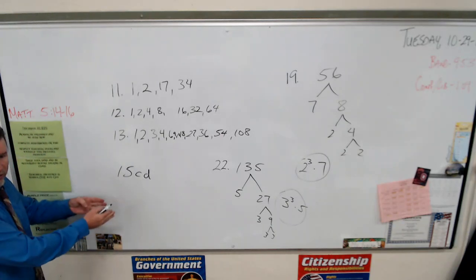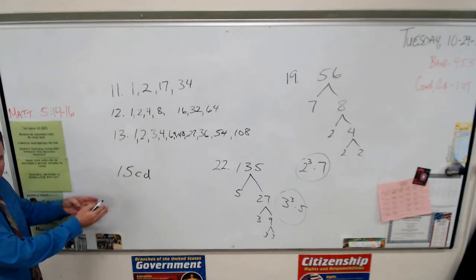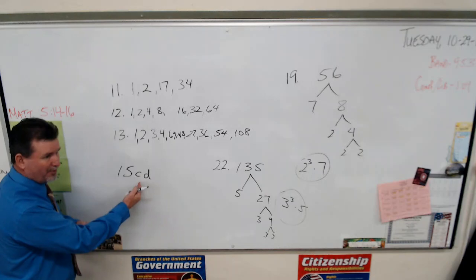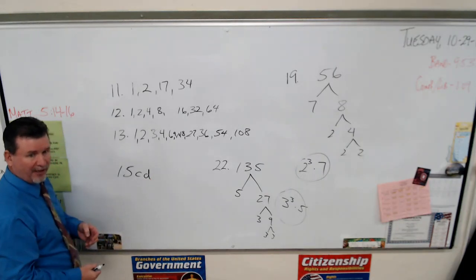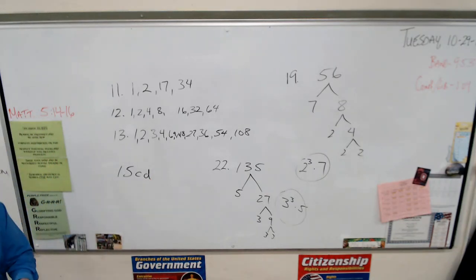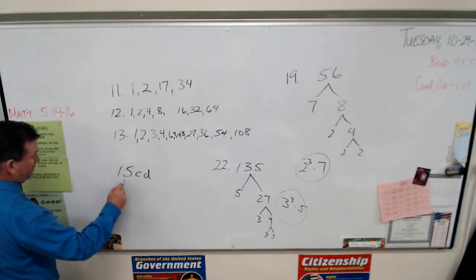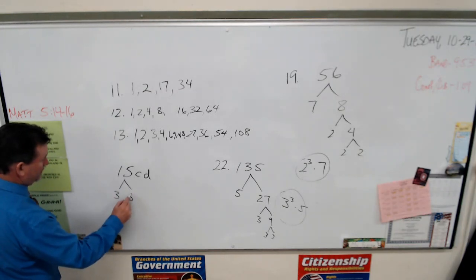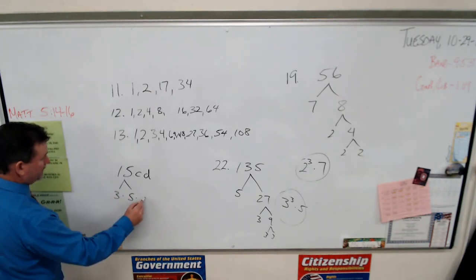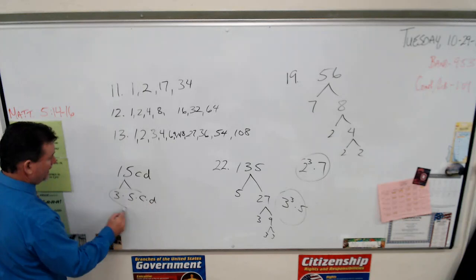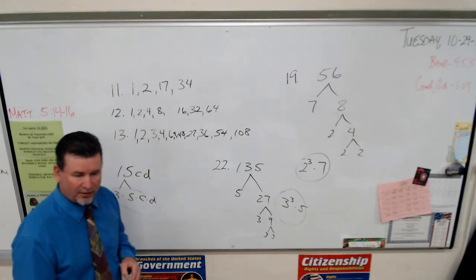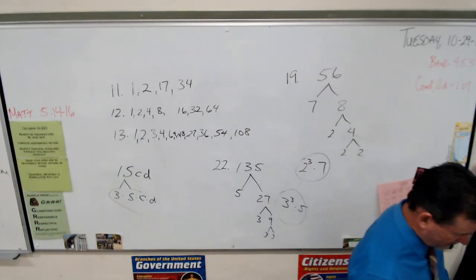I'm going to factor the 15 and just make it times C times D. You can't make the C and D any smaller. Do you understand? It's just one C and one D. So I would factor this out: 3 times 5 times C times D. That's your answer to number 27.